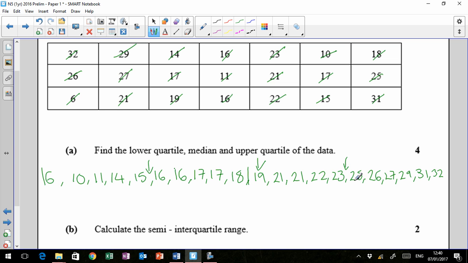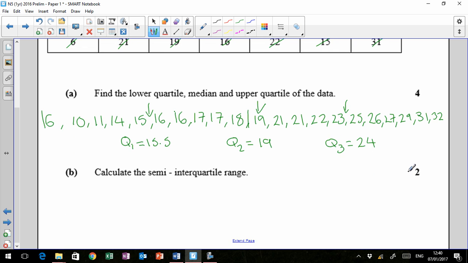And then your upper quartile is in between 23 and 25, so 24. So your lower quartile is equal to 15.5, your median, or your second quartile, is 19, and your upper quartile is 24.